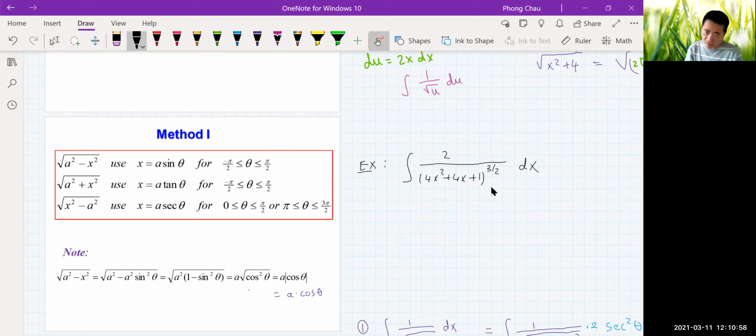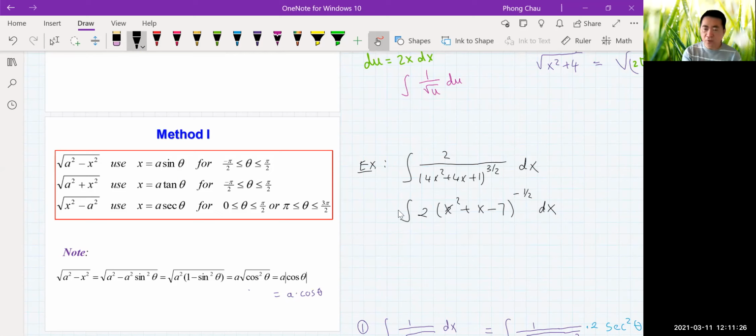Or sometimes you even have negative powers, like 2 and then x squared plus x plus 7 to the negative 1/2 power. That just runs over the square root, so it could also be done with the trig sub.